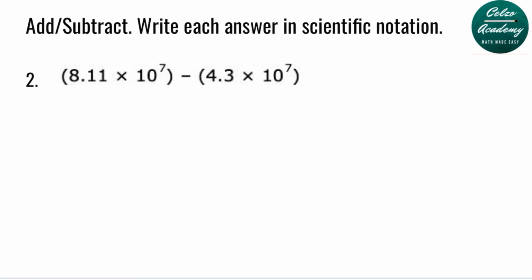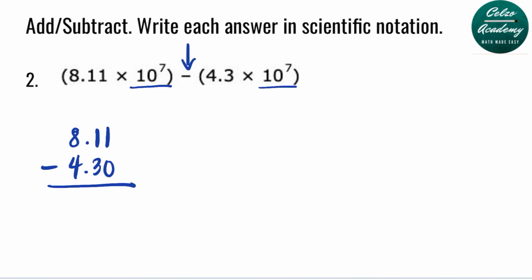Question 2. 8.11 times 10 to the 7 minus 4.3 times 10 to the 7th power. For question number 2, both expressions are also times 10 to the 7th power. And in this problem, we are subtracting, so we will go ahead and subtract 8.11 minus 4.3 or 4.30.